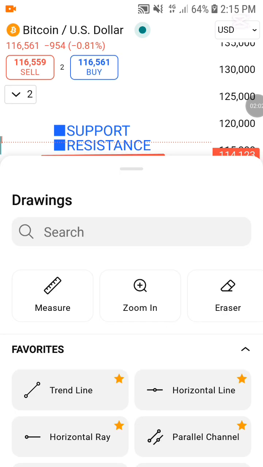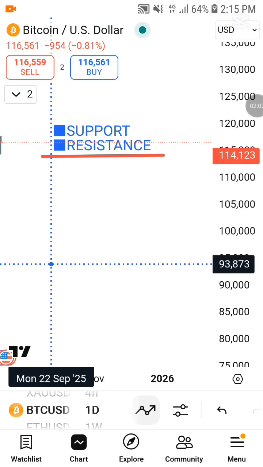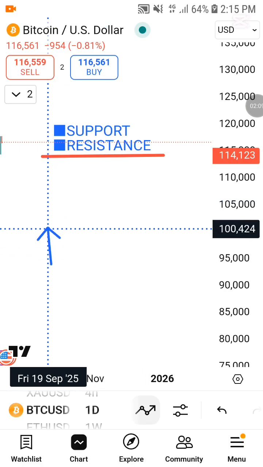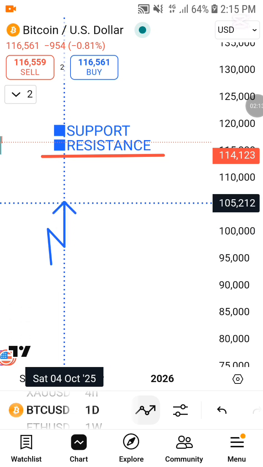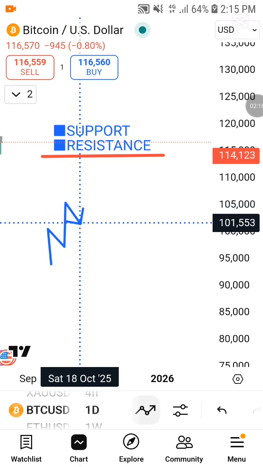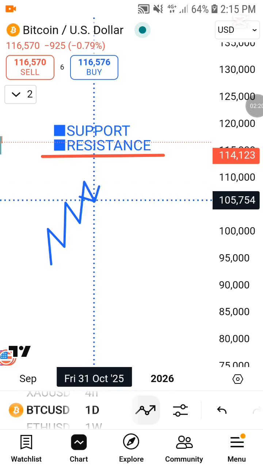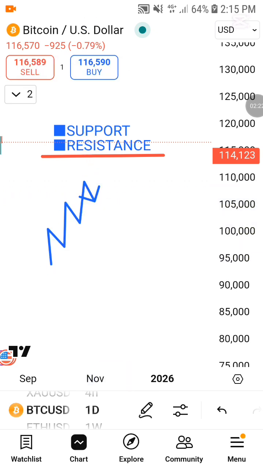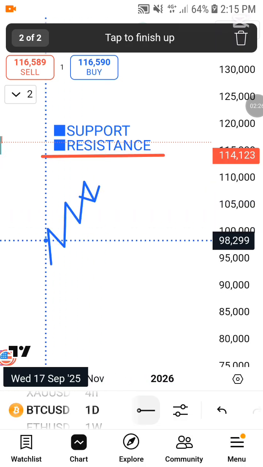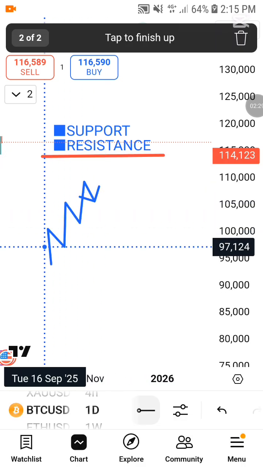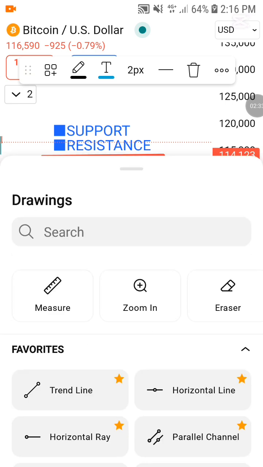Now, let's assume that the market is bullish, right? Let's say the market is creating a higher high and then a higher low, higher high, then higher low, higher high, and then higher low. Now, this is support. At this point, you see, the buyers came in and pushed the price of the market.